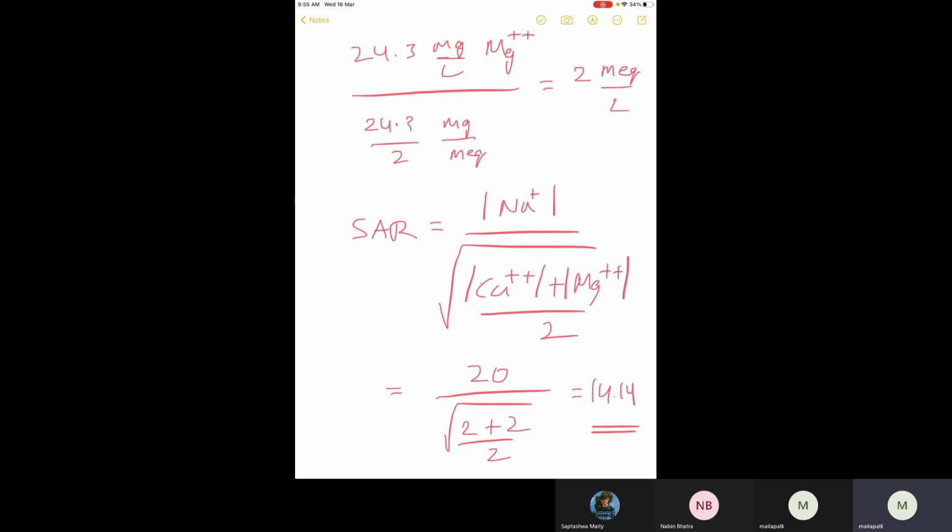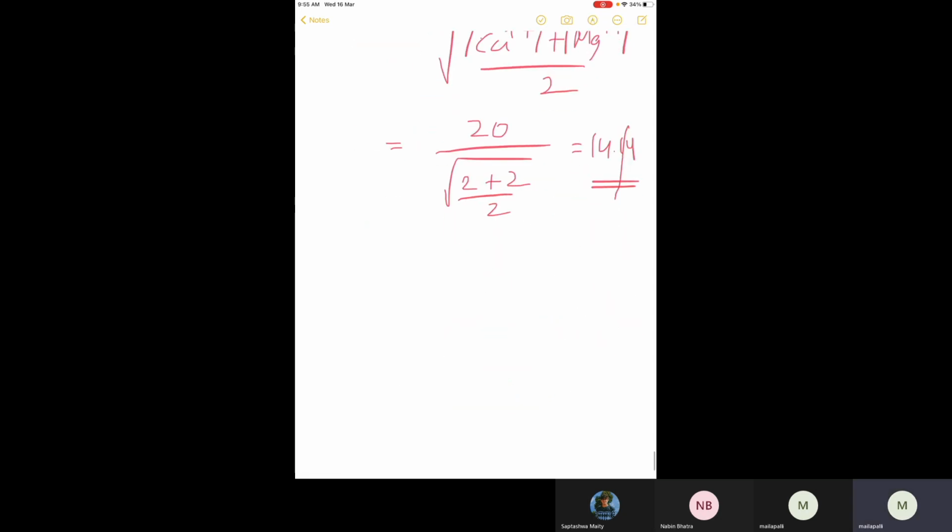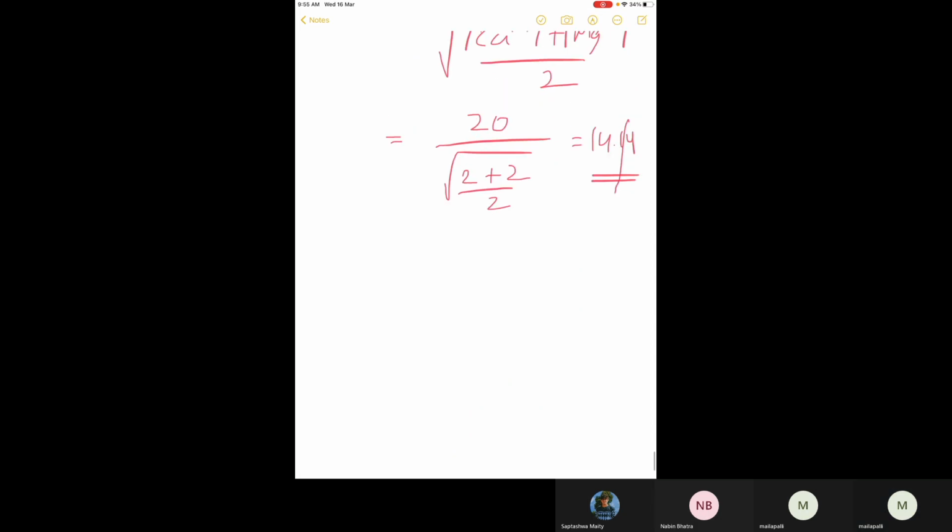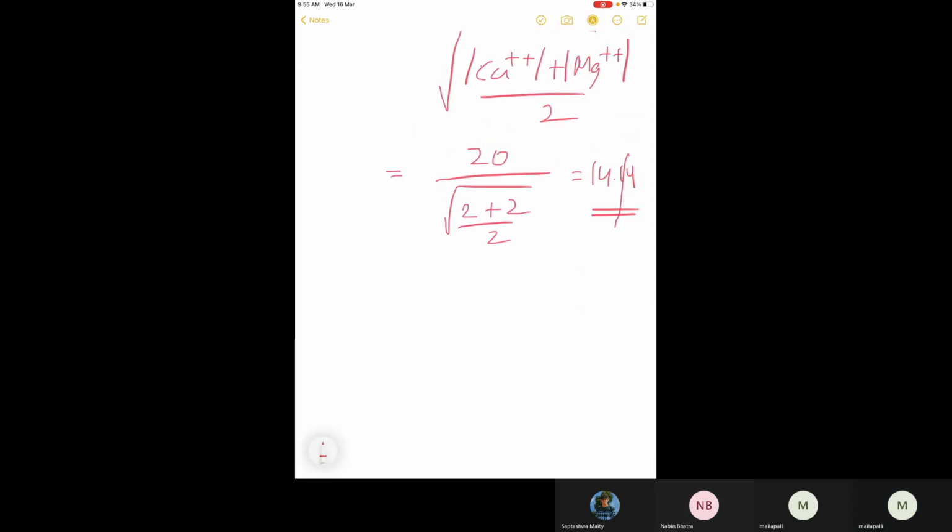So corresponding to that, we look up the hazard level for SAR equal to 14.14 and ECIW of 1280 ppm.